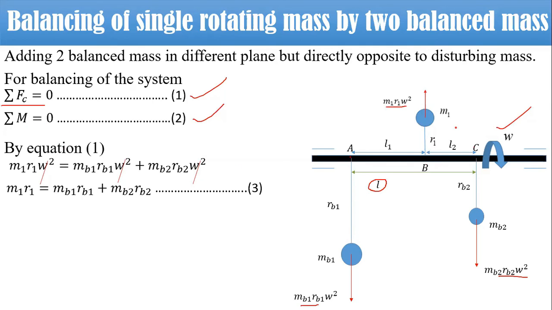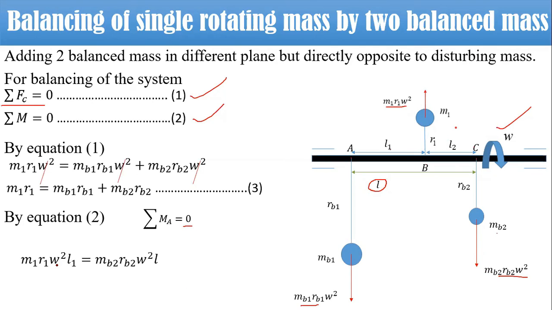First we will take the moment with respect to A, then with respect to C. By equation number 2, taking the moment with respect to A and putting it equal to 0, the moment of this force will be equal to 0, the moment of this force is m1 r1 omega square into L1, and the moment of this force is mb2 rb2 omega square into L. Now this moment is in anti-clockwise direction and this moment is in clockwise direction, so this will be equal to this moment. So m1 r1 omega square into L1 is equal to mb2 rb2 omega square into L.